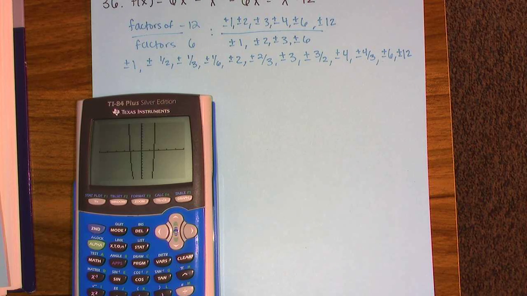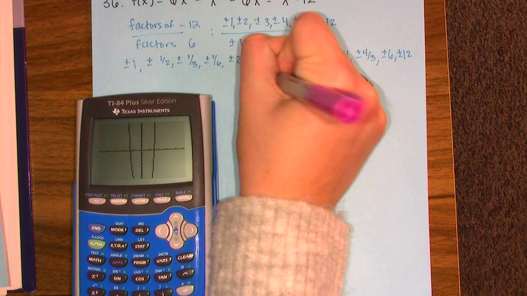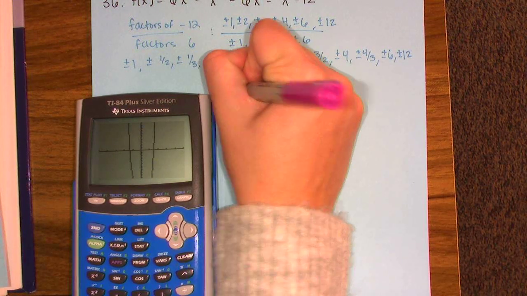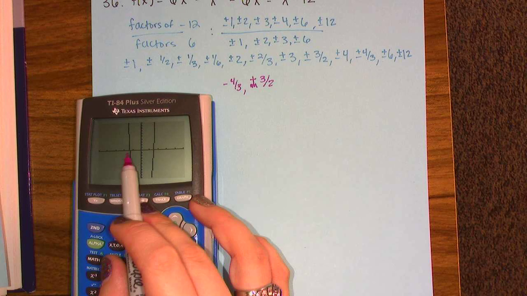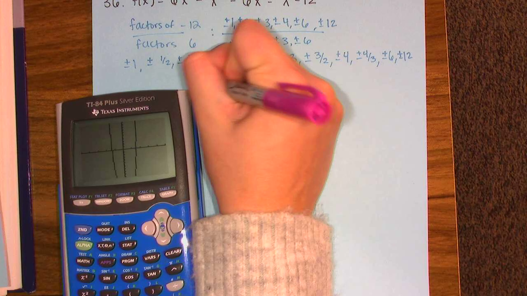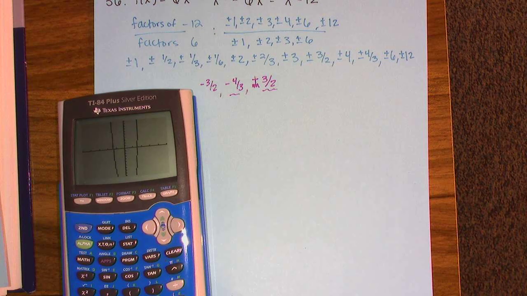So you're saying positive 3/2, negative 4/3. This could possibly be negative 3/2, so I would say write it down just to check it. But probably these two are going to be the ones that we actually need, most likely. We would check these still by synthetic division, which we'll do tomorrow.